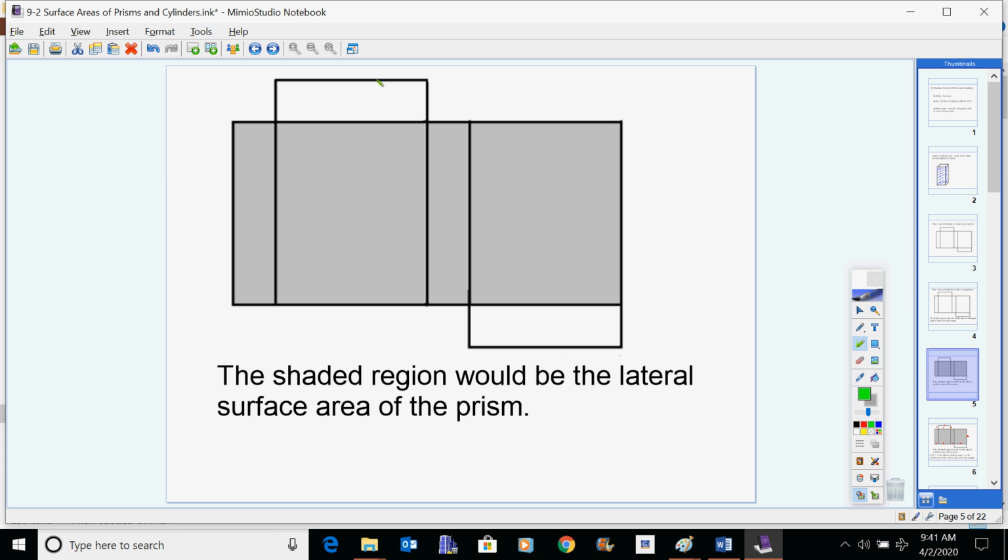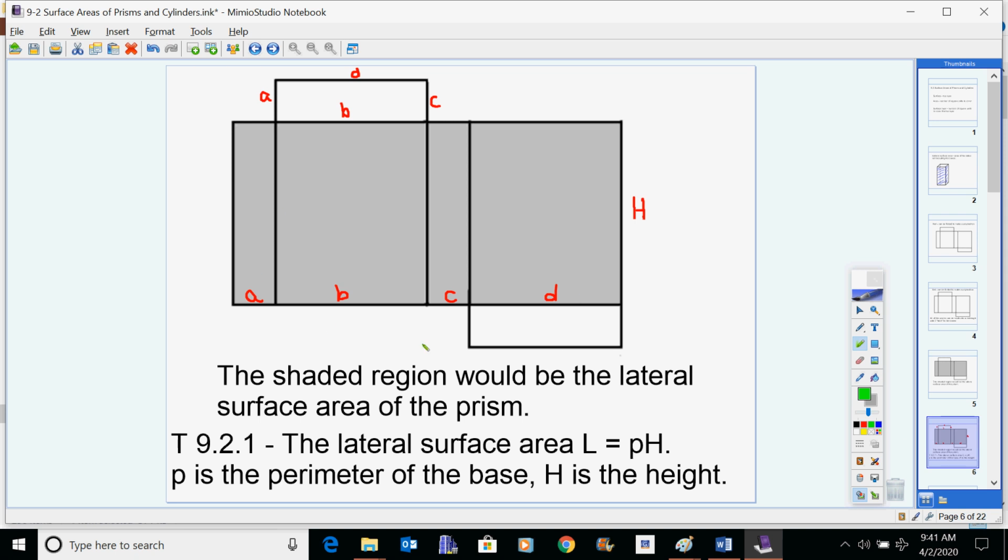So when you're thinking about this, I want to take a look and think about the lengths of these things, just so that we can get a context for this. If you folded this thing out, however wide this is, that's how wide this is going to be when it's folded out.